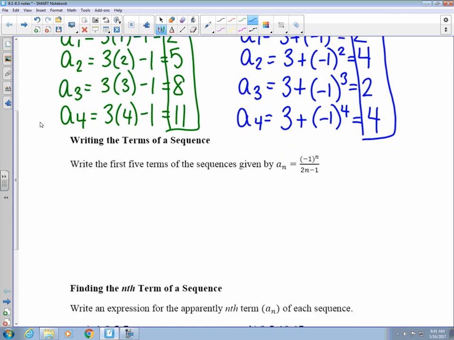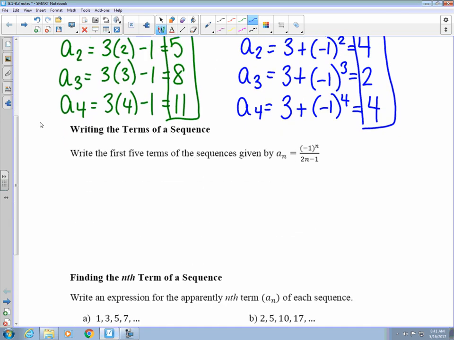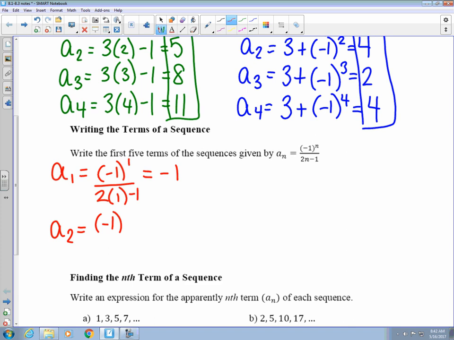Okay, another sequence. First five terms. Again, it will tell you if you should start anywhere other than 1. Our first term, a sub 1, equals negative 1 to the first over 2 times 1 minus 1, which is negative 1. a sub 2 is negative 1 to the second over 2 times 2 minus 1, or positive 1 over 3.